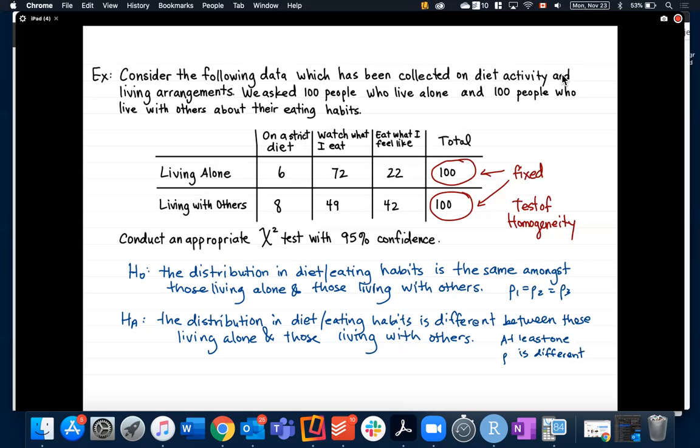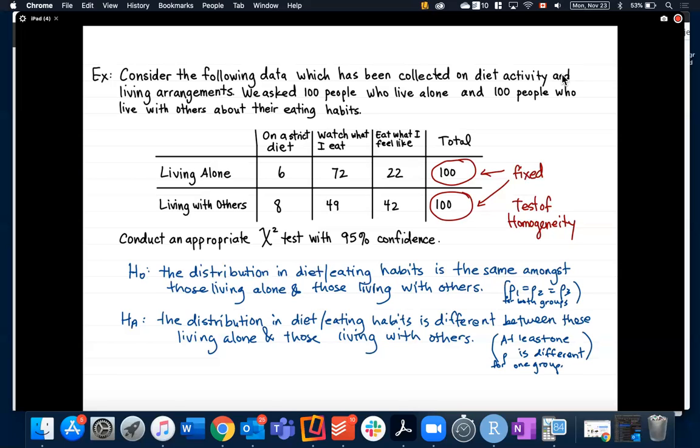So sometimes that's the more mathematical way of writing it. Maybe I should also add in here for both groups, and then I'll say at least one P is different for one group or something like that. But usually I just talk about the distributions.